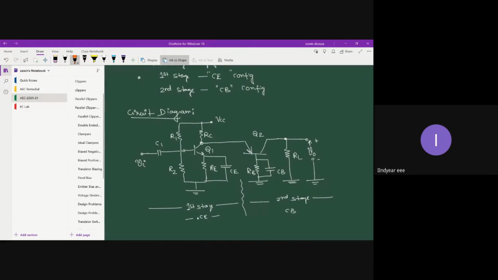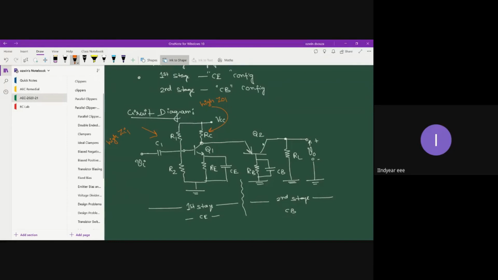You know that for a common emitter configuration, the input impedance is high, in the range of kilo ohms. So let me write the input impedance as Zi1, which is high. Similarly, the output impedance of the CE stage is also high, so you can write high Zo1.